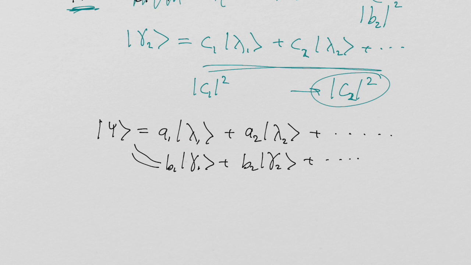The only way A could possibly have a value before the measurement is if you know that the state is literally just one of the eigenstates. If you know that the state psi is an eigenstate of A, then you know that it has the value lambda 3.